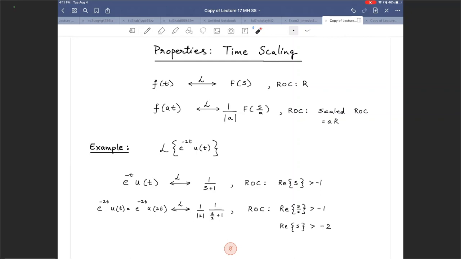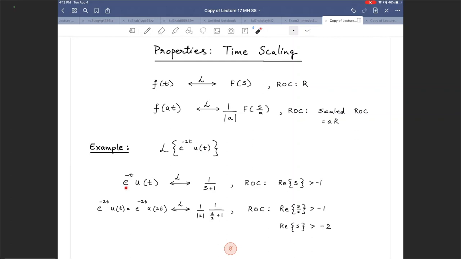Let's take a look at this property with an example. We are trying to find the Laplace transform of e to the negative 2t u of t. So we cannot directly apply the time scaling property because it is not e to the negative 2t u of 2t. But it turns out u of 2t and u of t are the same signal.